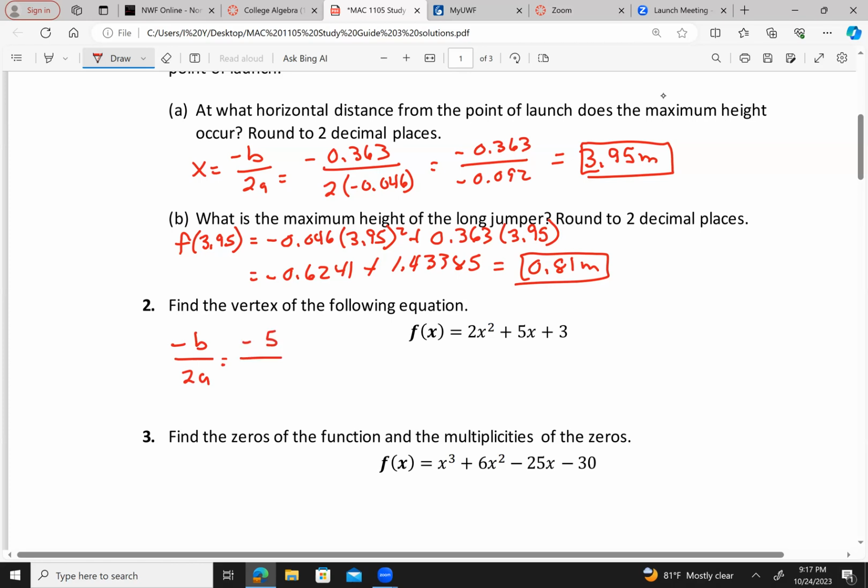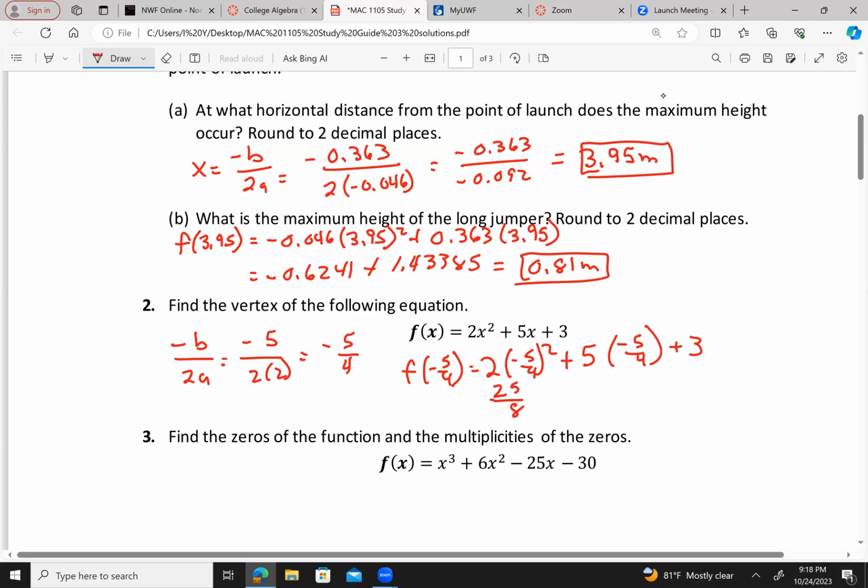Negative 5 over 2 times 2 equals negative 5/4. f of negative 5/4 equals 2 times negative 5/4 squared plus 5 times negative 5/4 plus 3. So I'm looking at 25 over 16 times 2, which is 25 over 8.